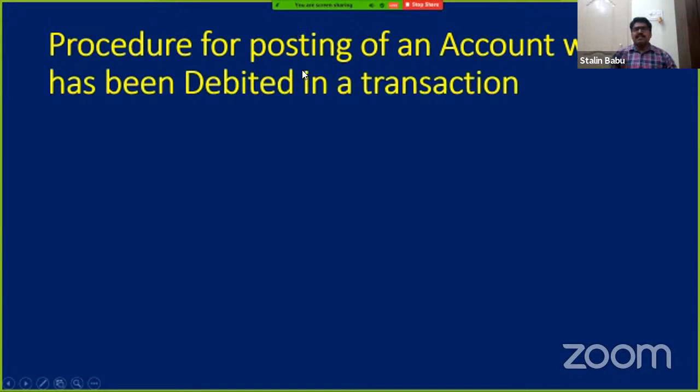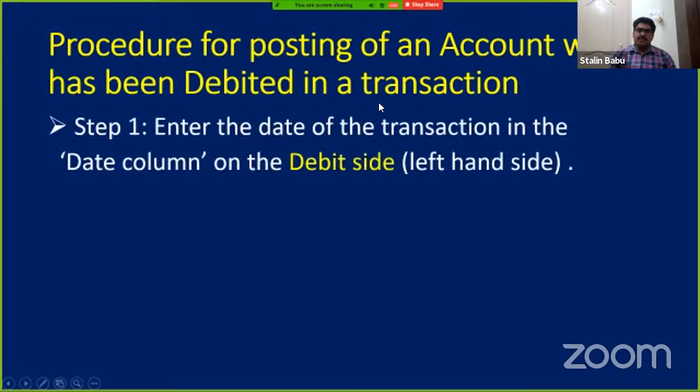So let us see the procedure for posting of an account which has been debited in a transaction. In step 1, enter the date of the transaction in the date column on the debit side, that is the left hand side.